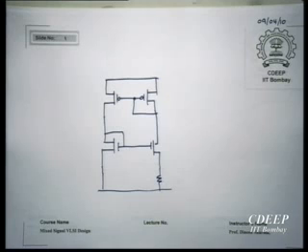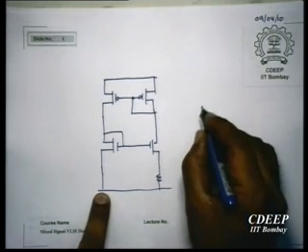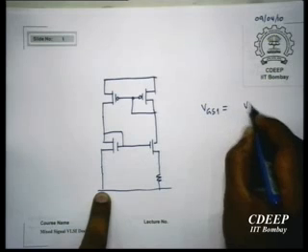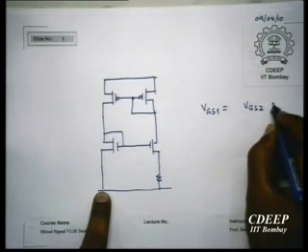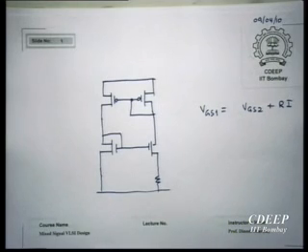Okay, so now what is the overriding equation for this? That VGS1 is equal to VGS2 plus R times I. Okay. So this now has a unique I solution because of the introduction of this factor.